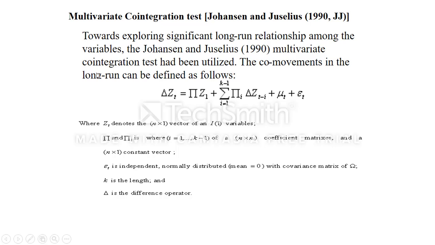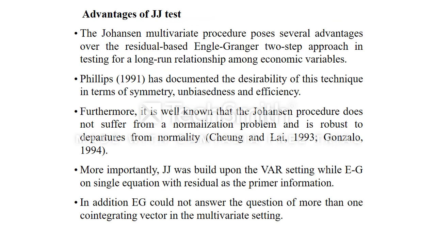So this is the equation that assumes a vector of I(1) variables. Yes, Johansen-Juselius can also take into consideration a mixture of I(0) and I(1) integration. Let's move to the next slide.